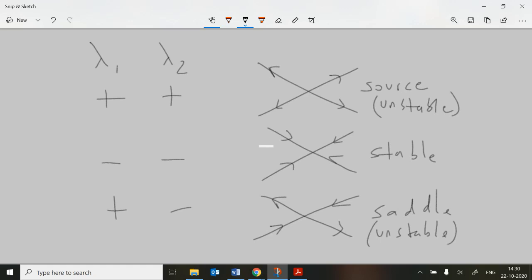The tricky bit with this is just to draw the rest of the diagram. If we're positive and positive, then we need to go in the direction of the eigenvector associated with the larger of the two. And the one which has the largest magnitude, the largest negative one, is the direction of the diagram for all of the other points.